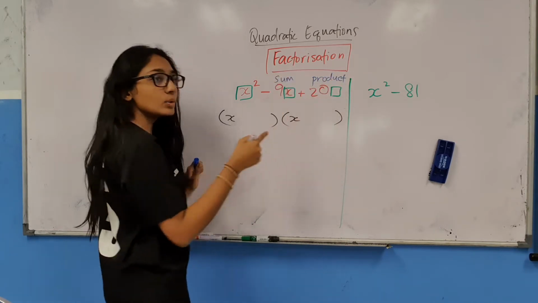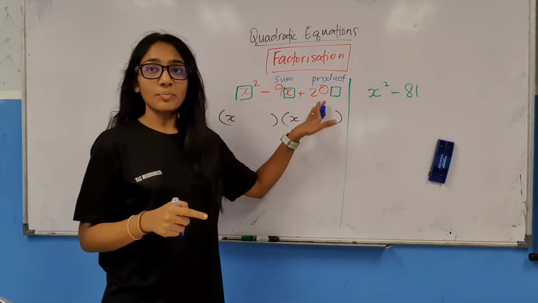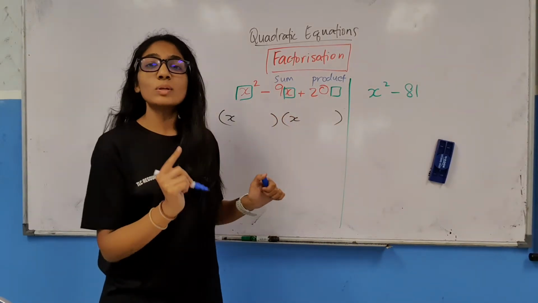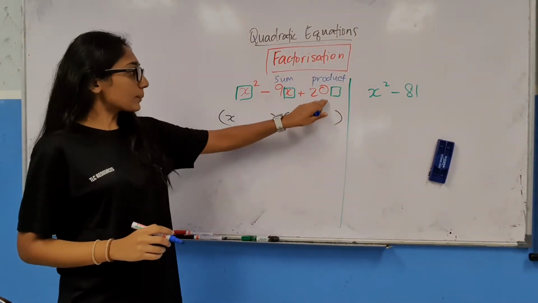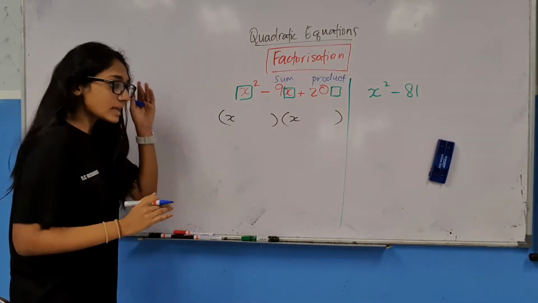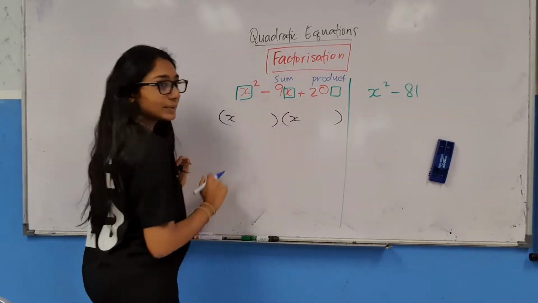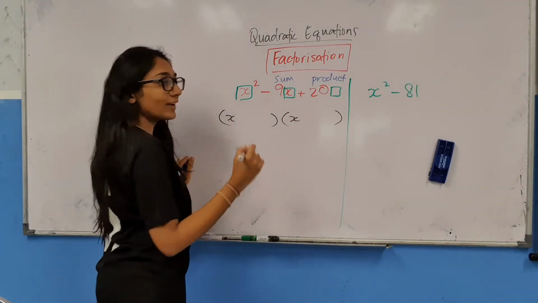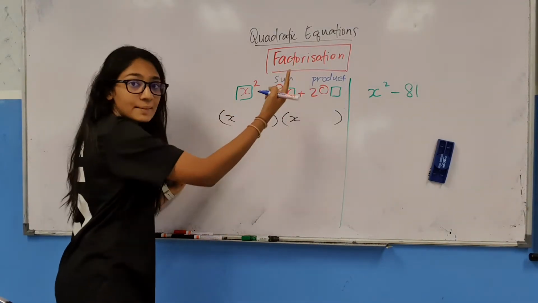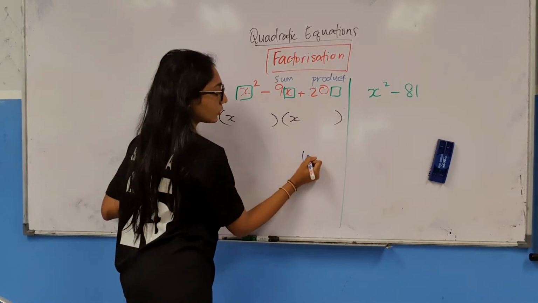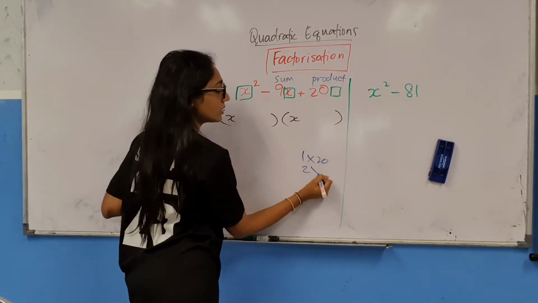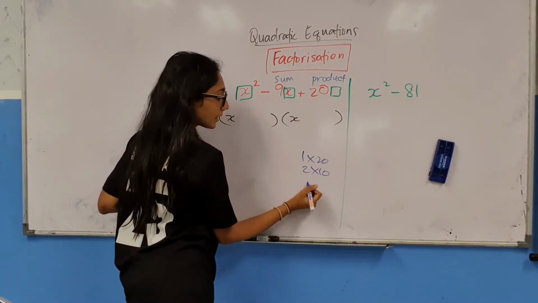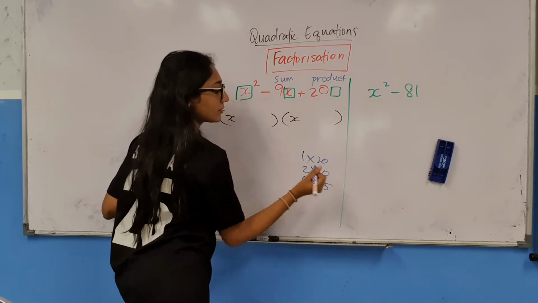The term without the x we look in terms of product, the term with 1x we look at it as a sum. So we look at the product and then we list down what times what gives us this number, because product, so we're looking at times table. So not times table 20 but the factors of 20, because factorization, so factors of 20. Factors of 20 is 1 times 20, 2 times 10, 4 times 5.